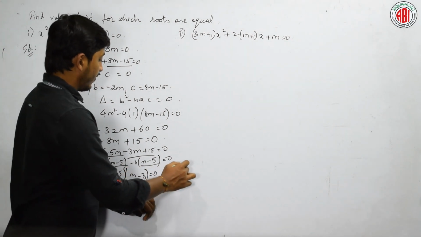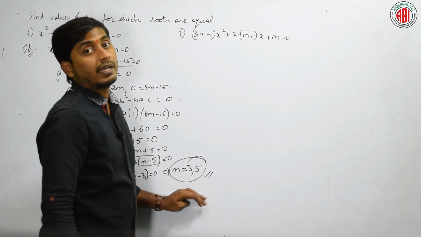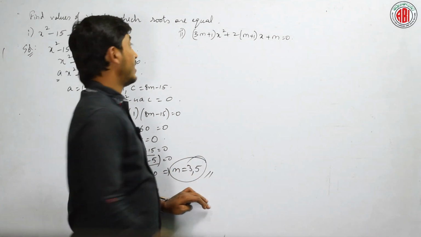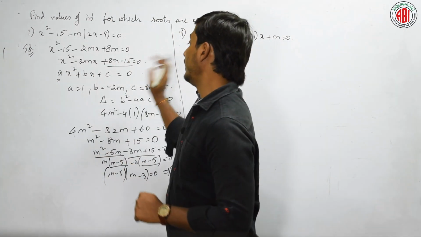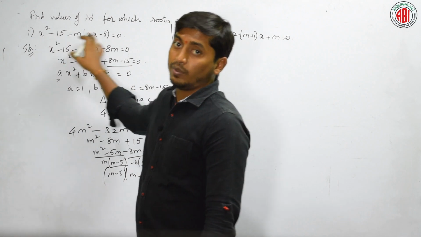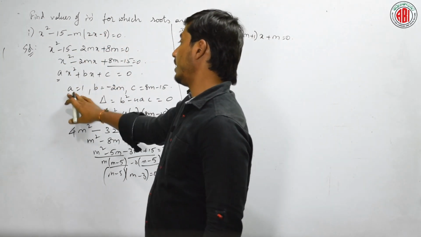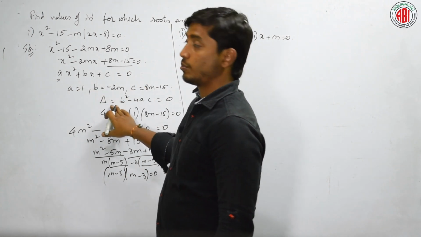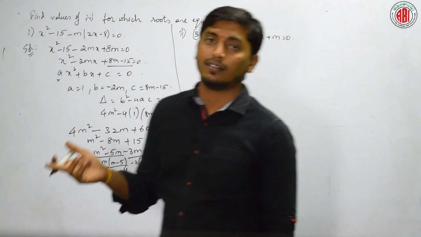Therefore, the values of m are 3 and 5. Is it clear? So, what do we have to remember in this problem? First convert the whole equation into the standard form, that is ax square plus bx plus c. Then only we can get the values of a, b and c, substitute in the condition, that is delta equal to 0. Simplify, we will get the answer.